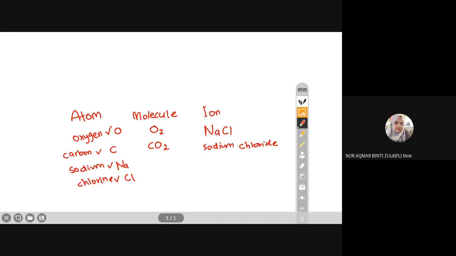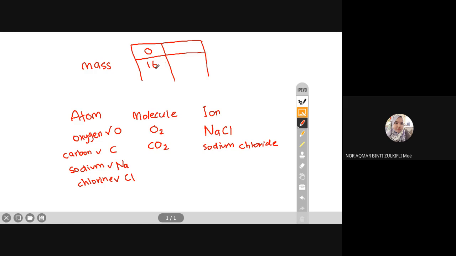So this is from chapter 2, where you learn about atom, molecule, and ion. In chapter 3, you want to calculate. Every atom, molecule, and ion has mass. For example, the mass of oxygen is 16.